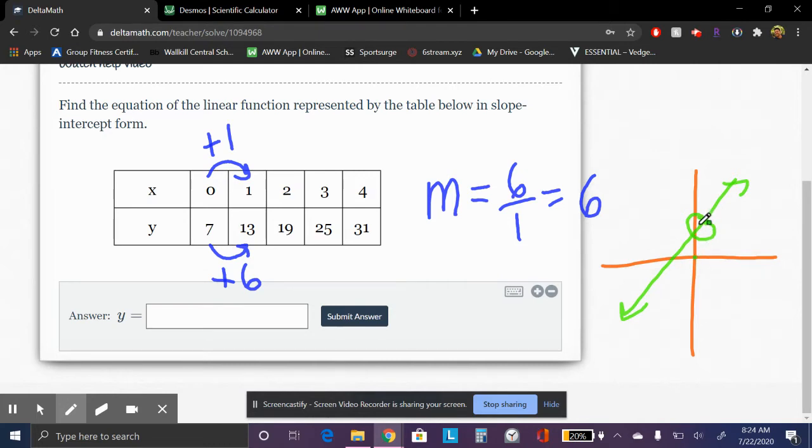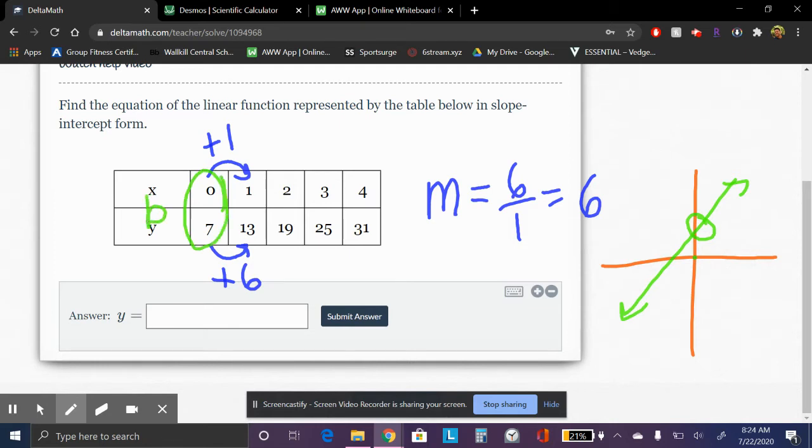So in the table, if there's an x value of 0 right here, that is the y-intercept, which is 7. So this point right here would be (0, 7) on this line. So this would be my b then.